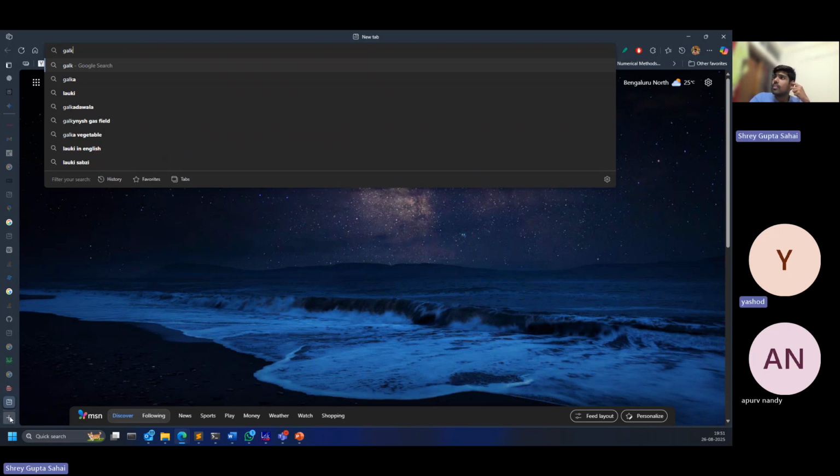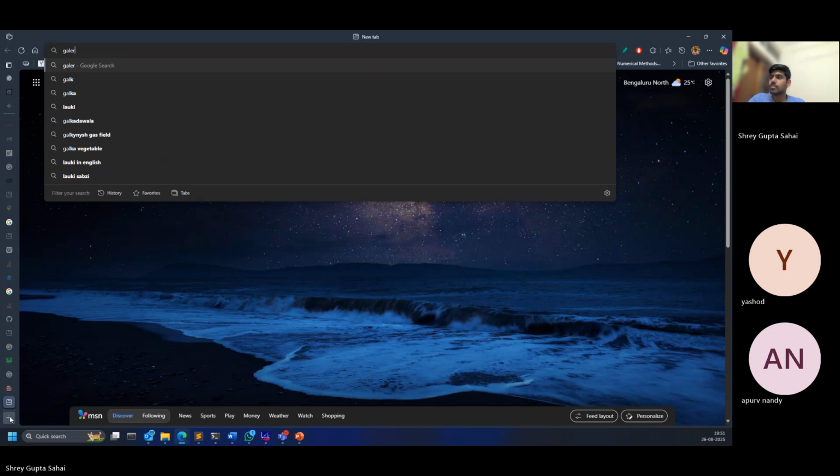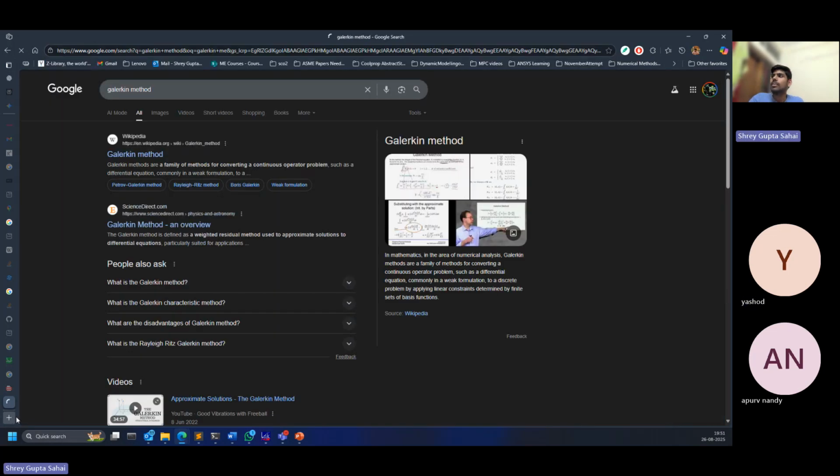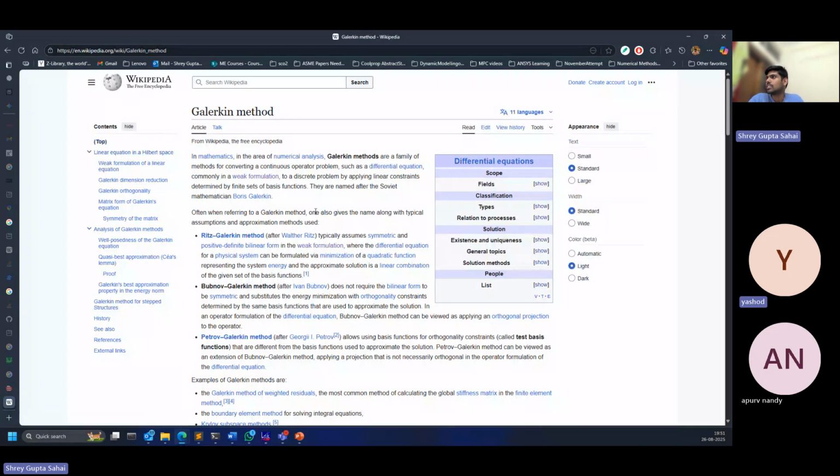You have heard of weighing functions, right? Test function is essentially weighing function. Okay, yes, weighing functions.